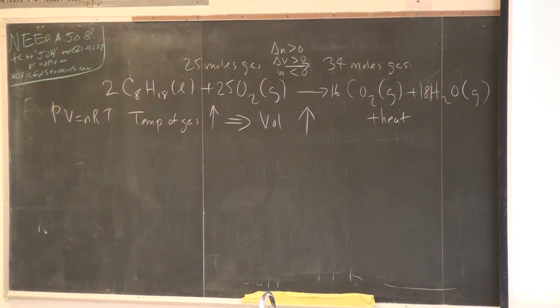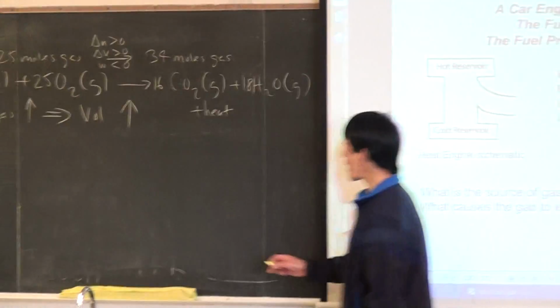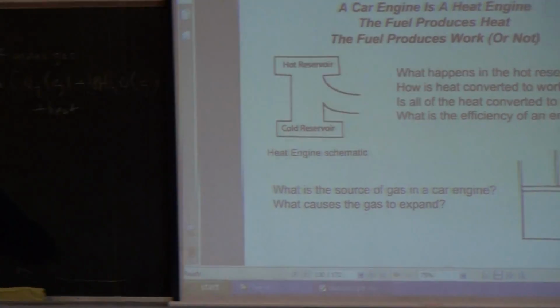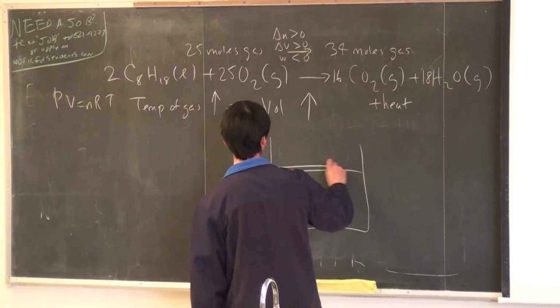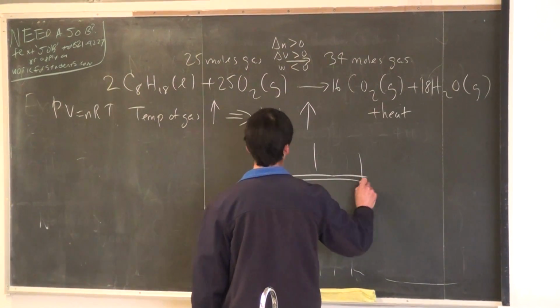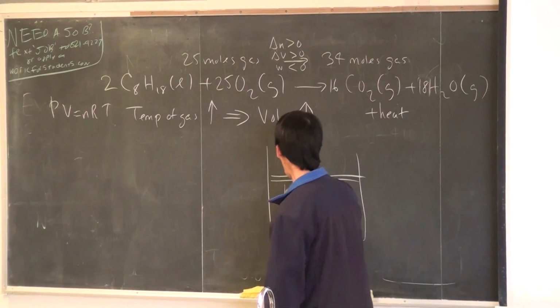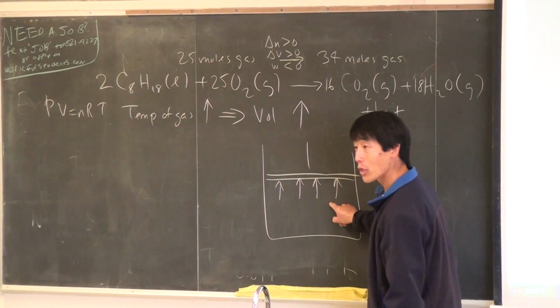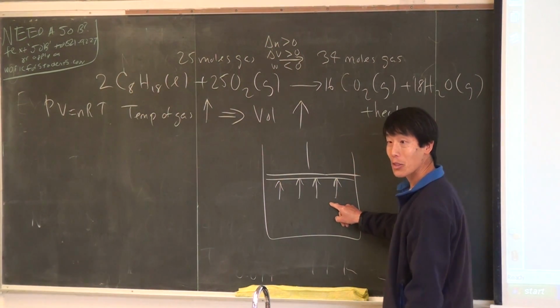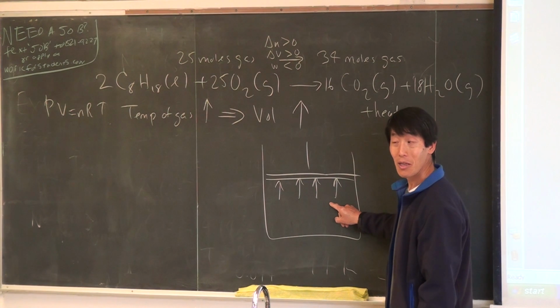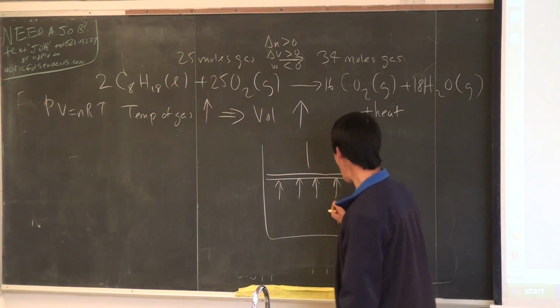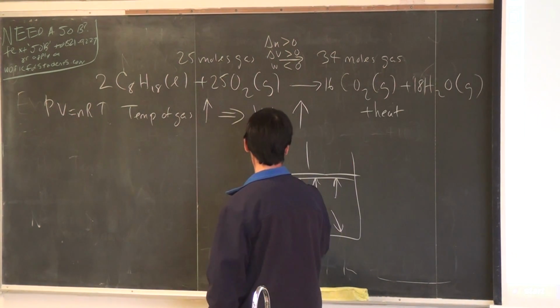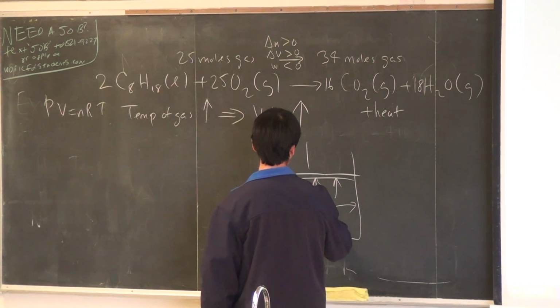So let's take a look at this picture again. Ideally we want all of those product gases going in one direction, pushing toward the piston. But like George says, unfortunately, we're not going to see that happening.